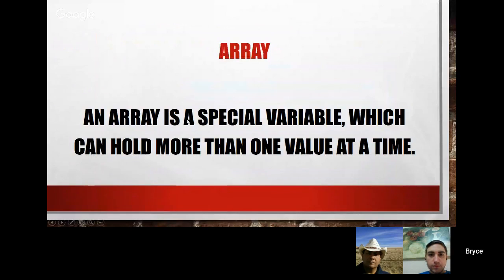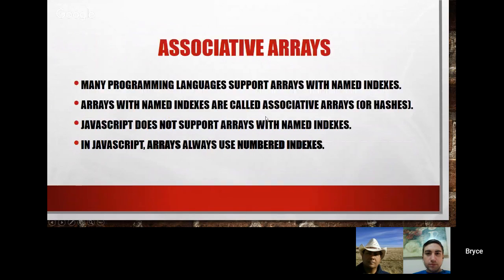Arrays. Arrays are extremely fun and at the same time can be kind of confusing. An array is a special variable which can hold more than one value at a time. Now there's some confusion on associative arrays.